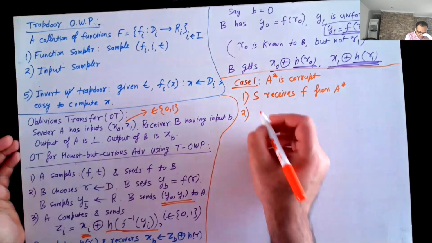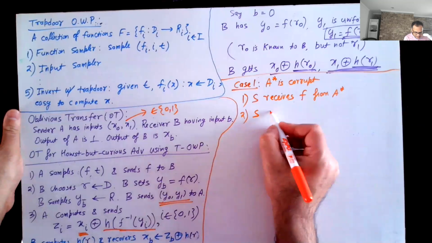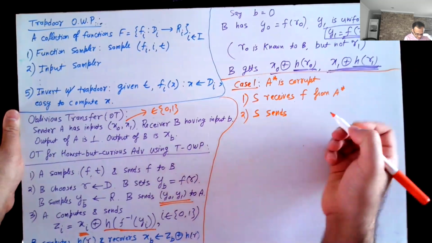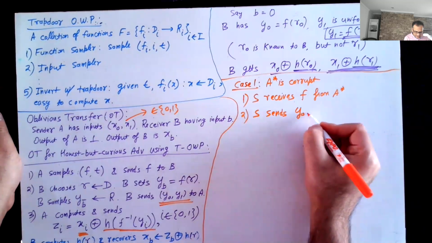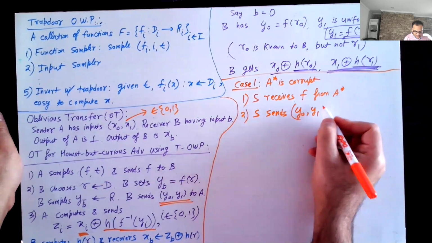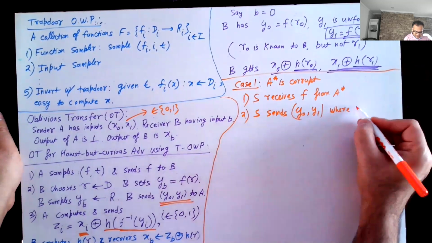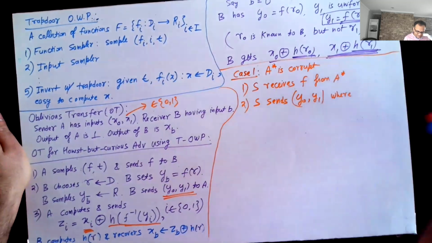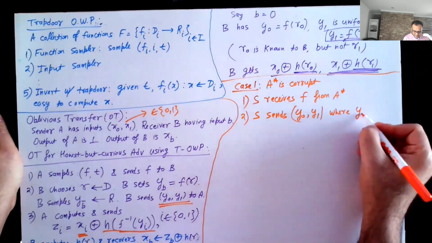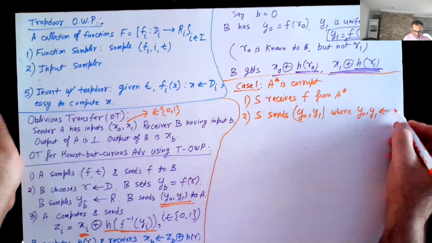As the second step, S just sends y0 and y1, where y0, y1 are both sampled from the range.